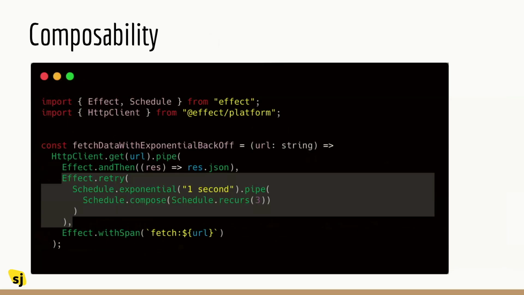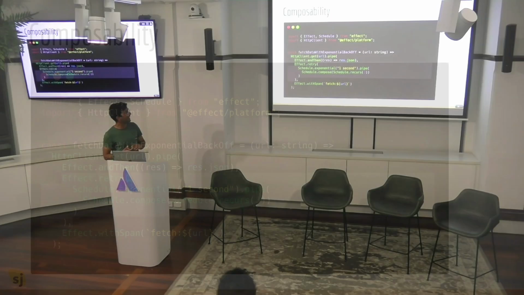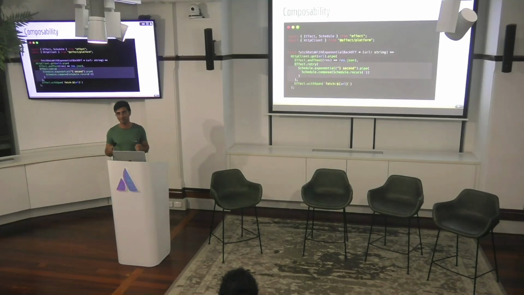So I'm almost at the end. There's a couple of little things left. So composability: if you've done any functional programming, maybe Monad, and even if you haven't done that, I'm kidding, I don't know Monad as well. If you've just done Lodash or something, you might have used some helpers like retries and exponential backoffs and things like that.